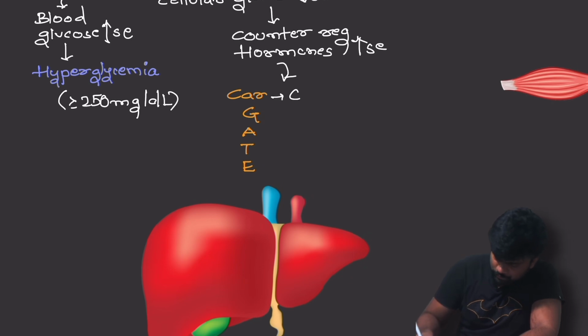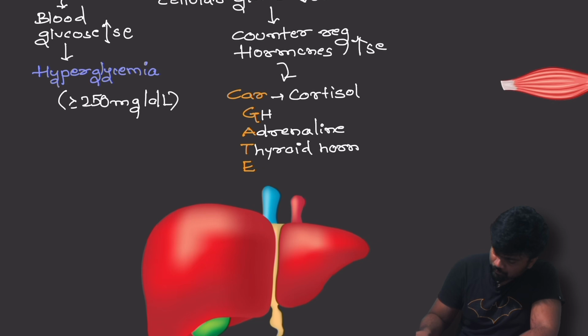CAR stands for cortisol, G stands for growth hormone, A stands for adrenaline, T stands for thyroid hormone, E stands for epinephrine.